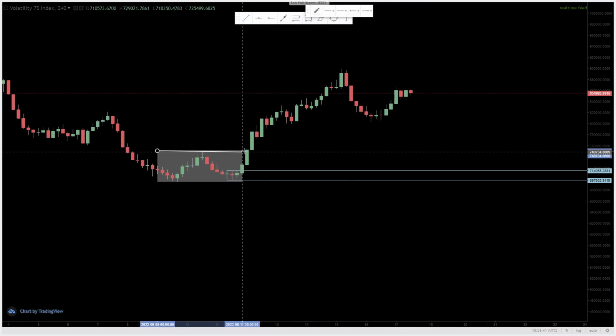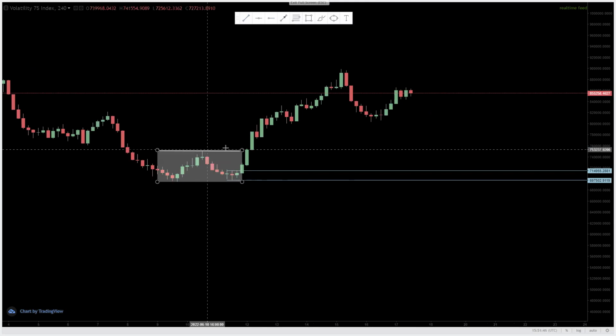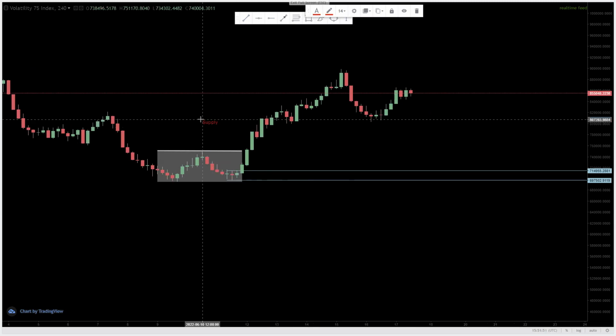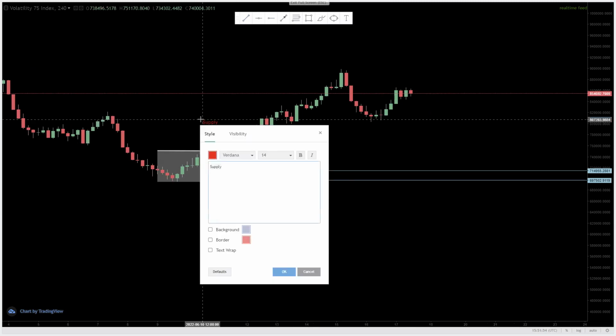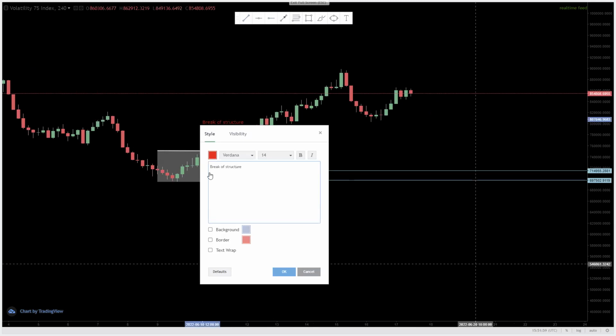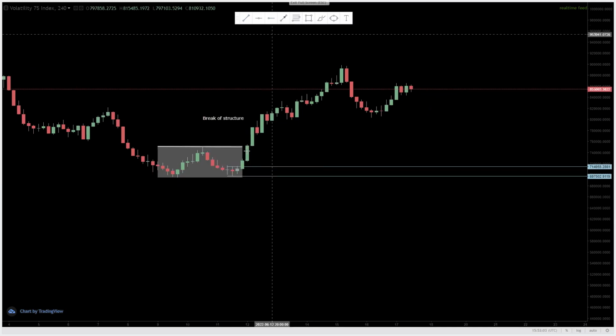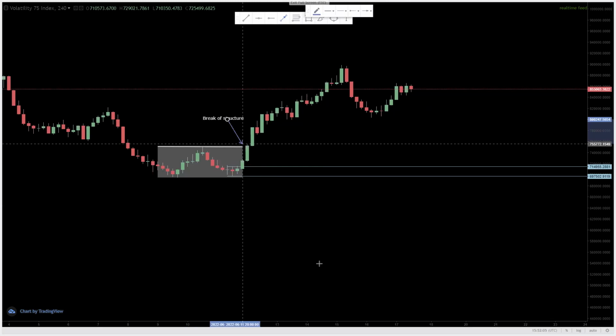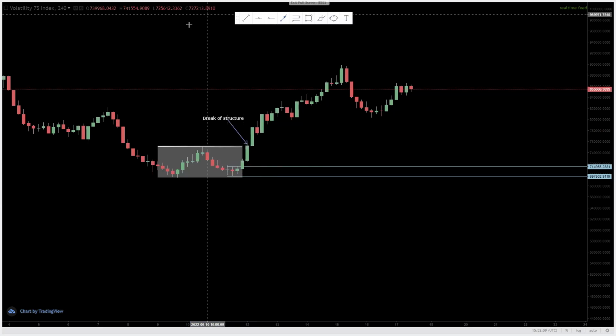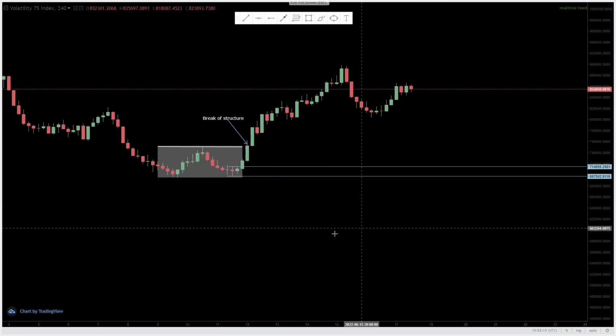When the market broke above this swing high, it was known as the break of structure. So let's call this one break of structure, and I'll give it the color white, then point this arrow at this level.